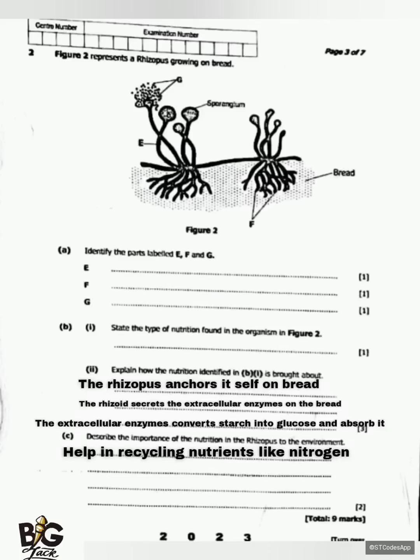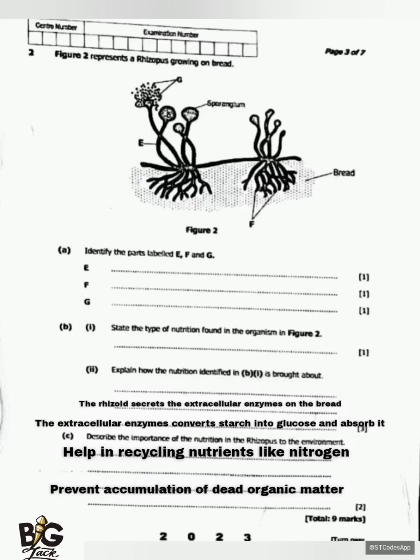Apart from that, we are going to say the rhizopus is going to prevent the accumulation of dead organic matter or living organisms. Accumulation, in Bemba we say ukufula. So this rhizopus is going to prevent the accumulation of dead organic matter.